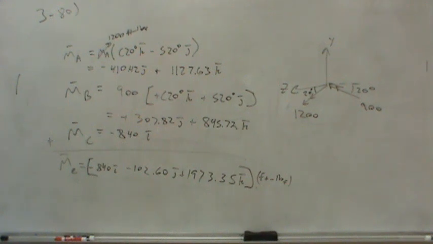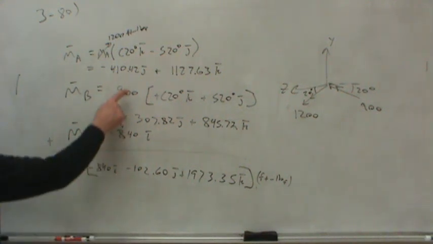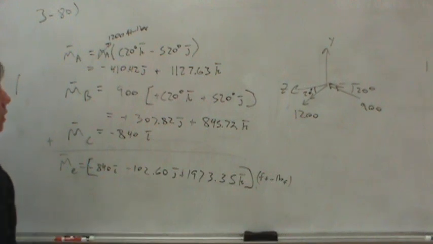I think it might be some rounding stuff. Did you get 0.4? Yeah, because this is negative. Did everybody get 102.6? Whatever it is, it's the difference between these two, right? 307.82 minus 410.42.